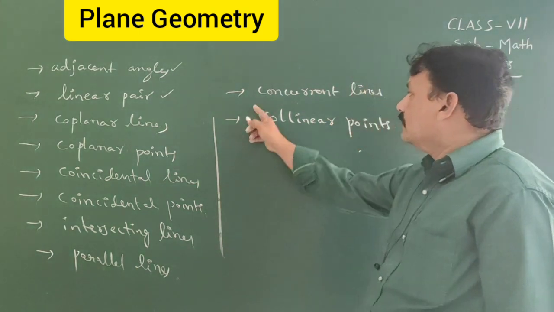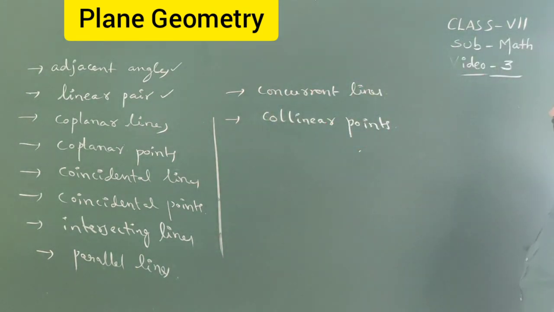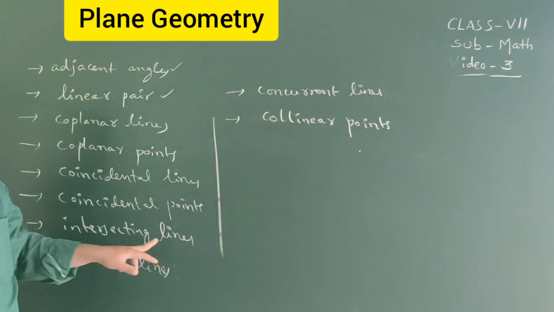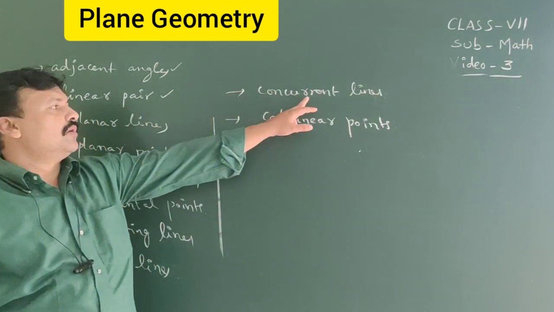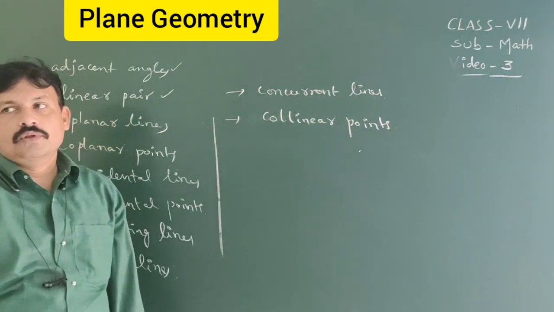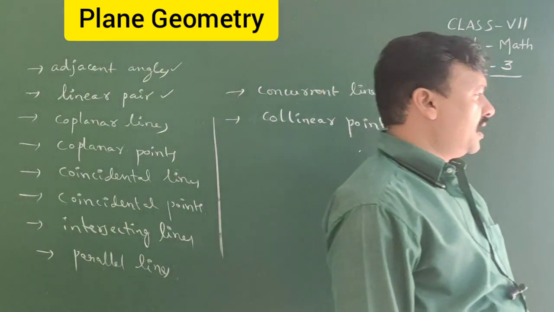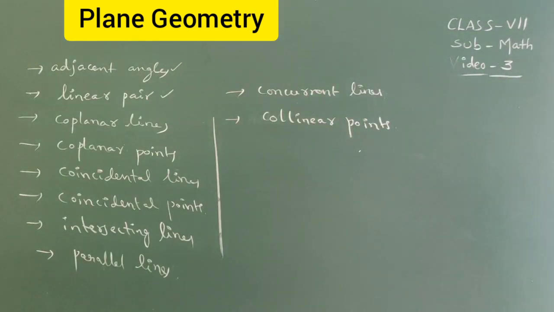Now, concurrent lines. Two lines that meet at a point are called intersecting lines. More than two lines that meet at a point are called concurrent lines. The intersecting point where three or more lines meet is called the point of concurrence.